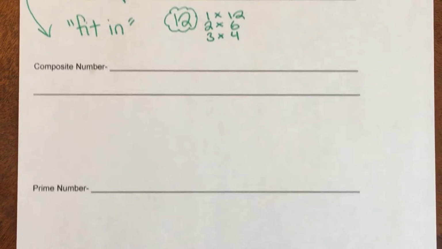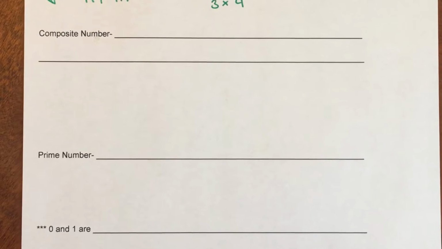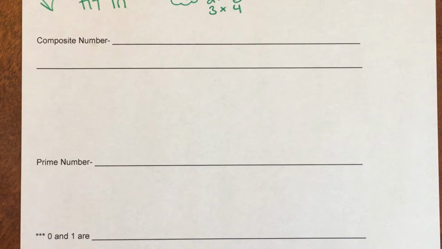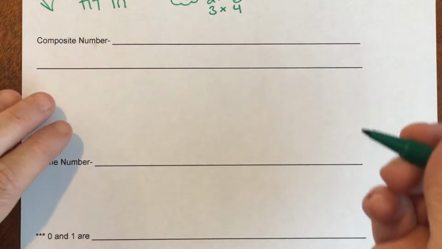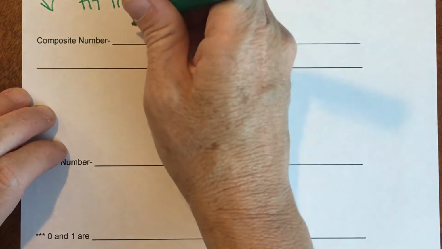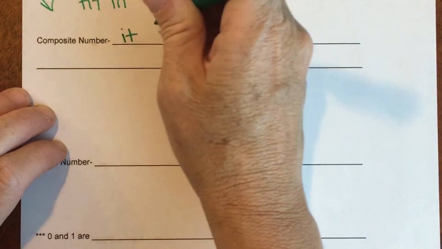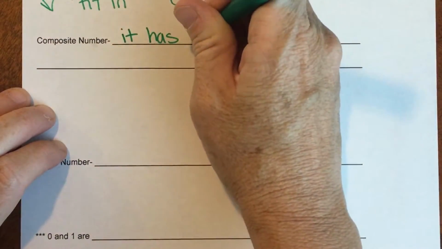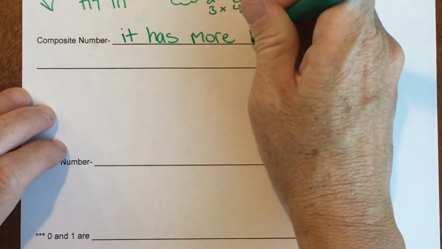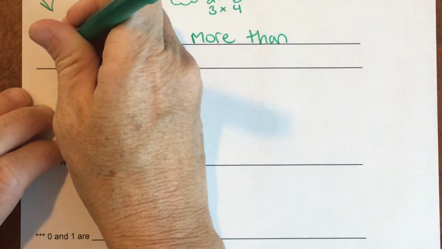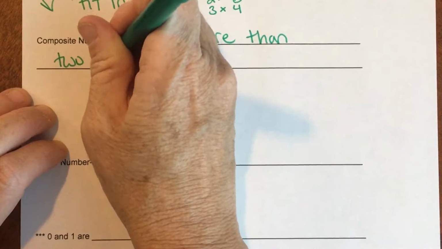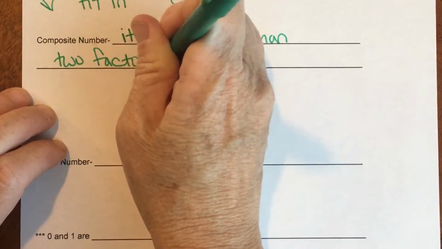Our next 2 vocab words also work together: composite number and prime number. Most numbers are composite numbers. A composite number has more than 2 factors.